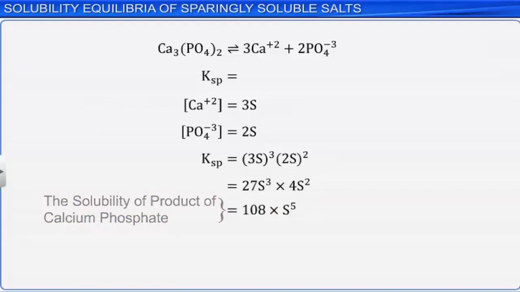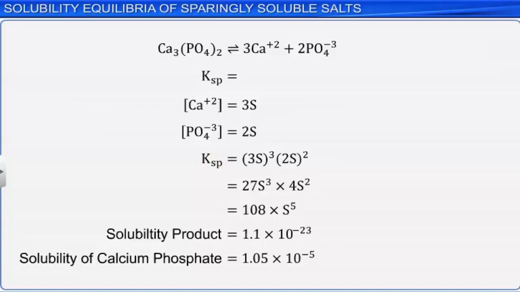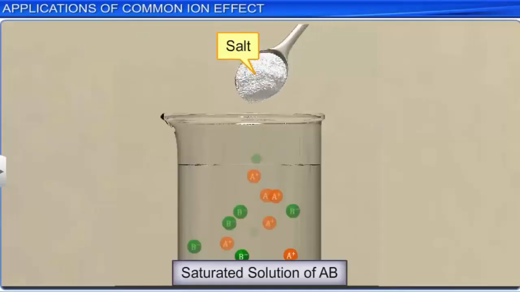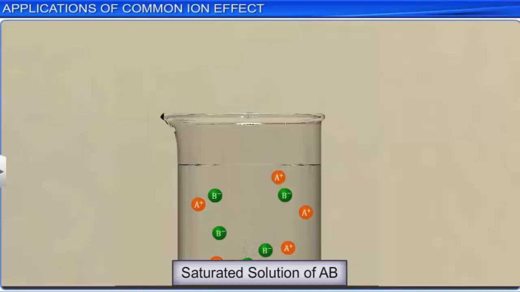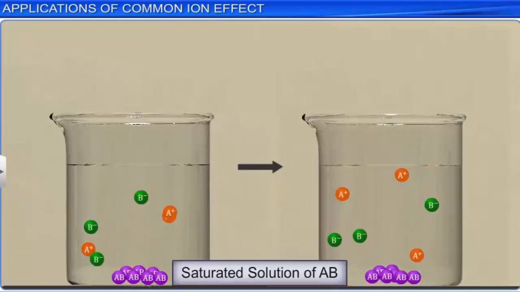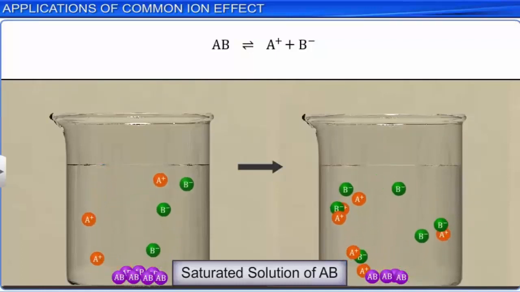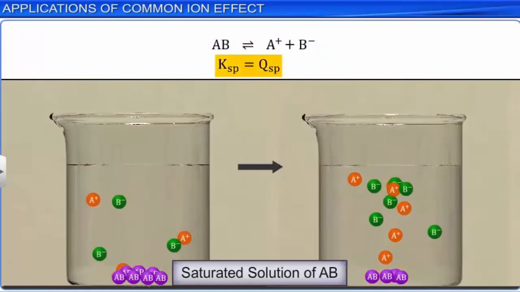If the solubility product Ksp of the salt is known, then the solubility of calcium phosphate is equal to 1.05 multiplied by 10 raised to the power of minus 5 mole per liter as shown. You have learned that in a saturated solution, if the concentration of any one of the ions is decreased, then, as per the Le Chatelier's principle, more salt dissolves and the equilibrium shifts towards the right till Ksp becomes equal to Qsp.